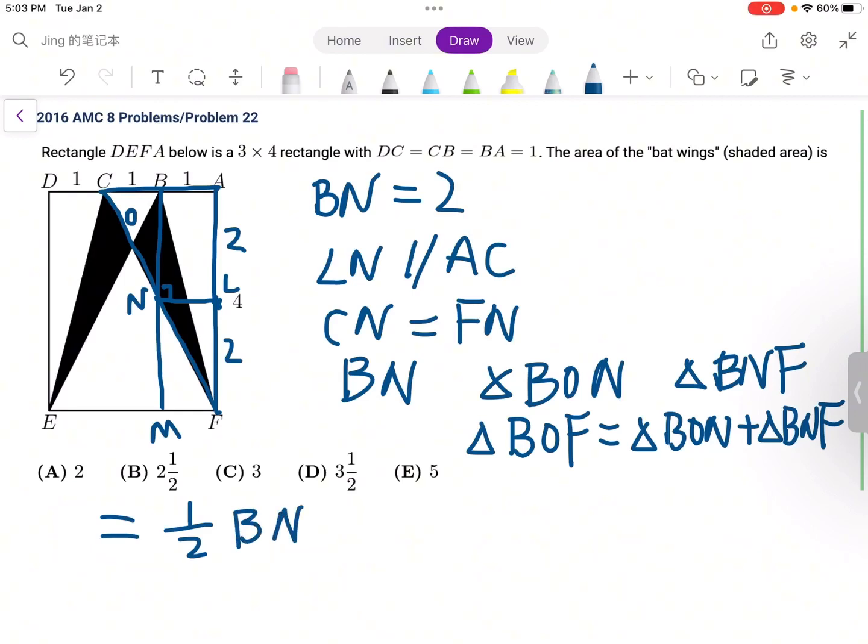To get its height, we know that because BOF and COE are identical triangles, if we draw from the midpoint of AD, it should cross O. So the height of triangle BON should be 1/2.